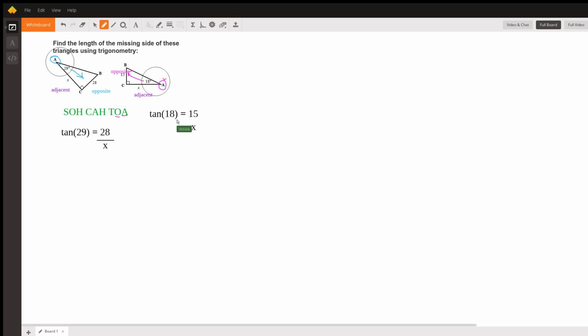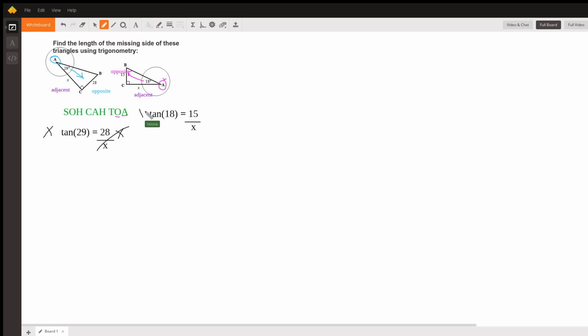Now, both of these are solved the same way. Remember, we want to get X on top and everything on the other side. That's how you solve for X. So on both of these, we will multiply both sides by X, and what that does is it cancels this one.